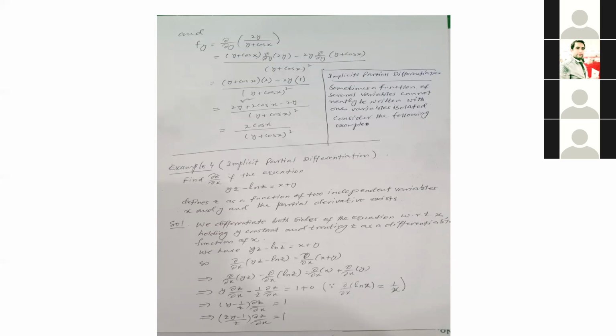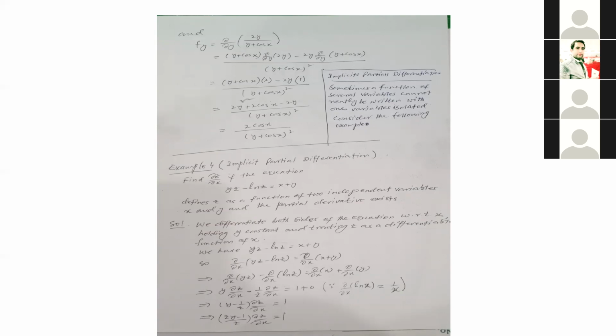Now you see sometimes we are given a function in many variables and we cannot express the expression in one variable. Such a function is called an implicit function. So in the next example, we try to find partial differentiation of an implicit function.